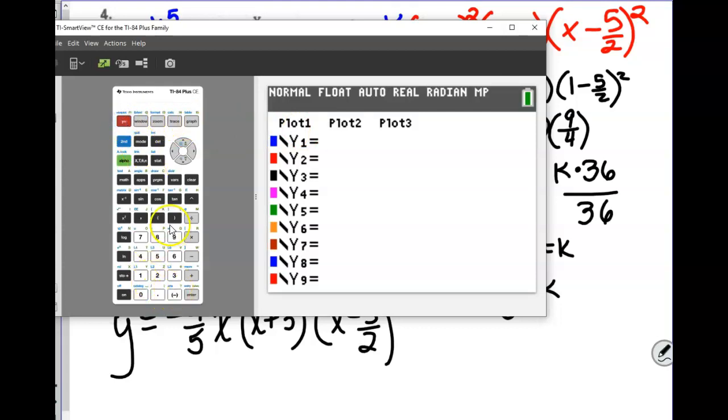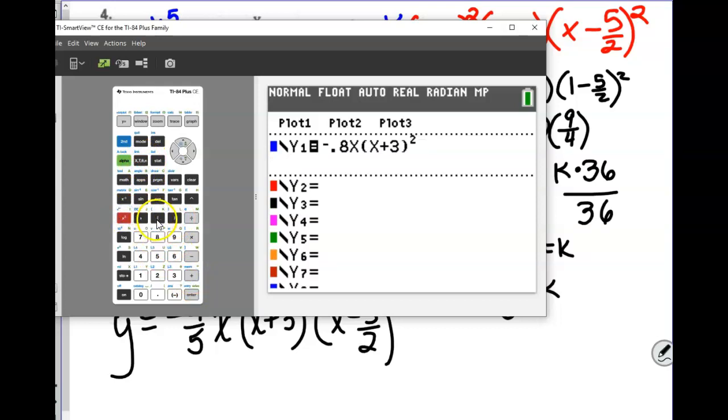Now, what was it again? Negative 0.8. I'm just going to use the decimal because it's easier for me to type. X and an X. Thank you. X minus 5 halves, or you could put 2.5, it would work. And I don't need extra parentheses around that, but I do need a squared.